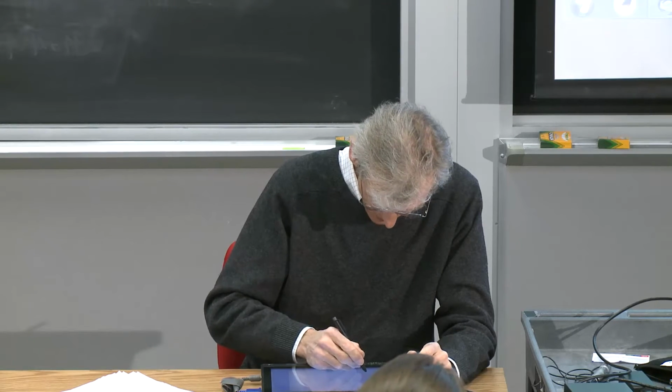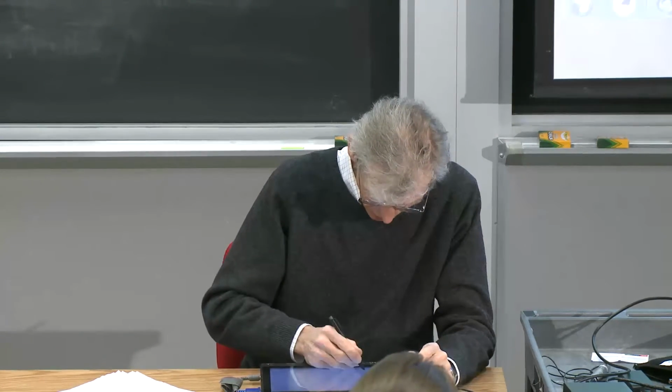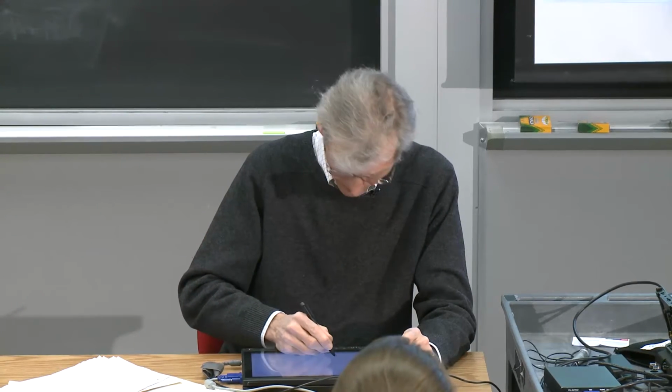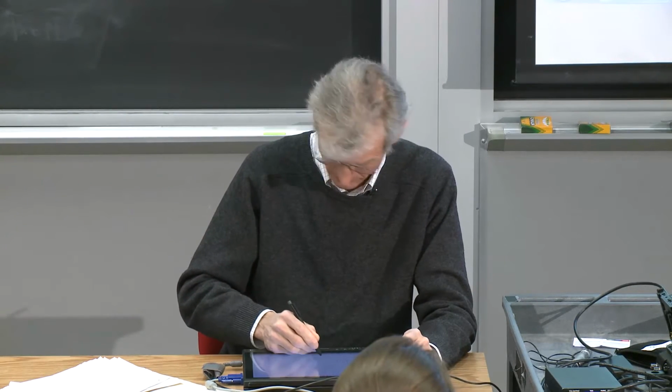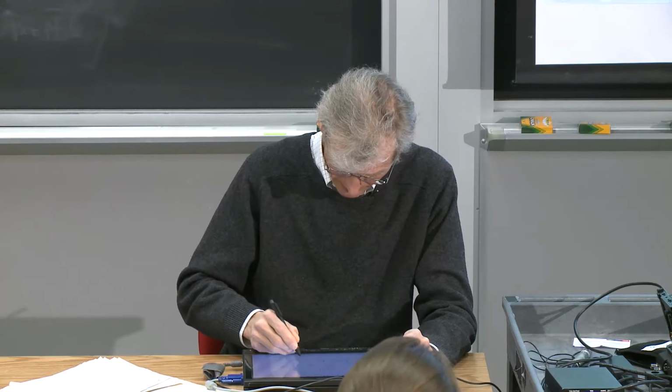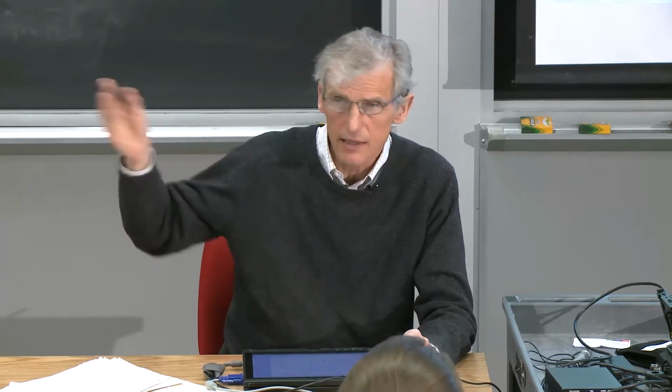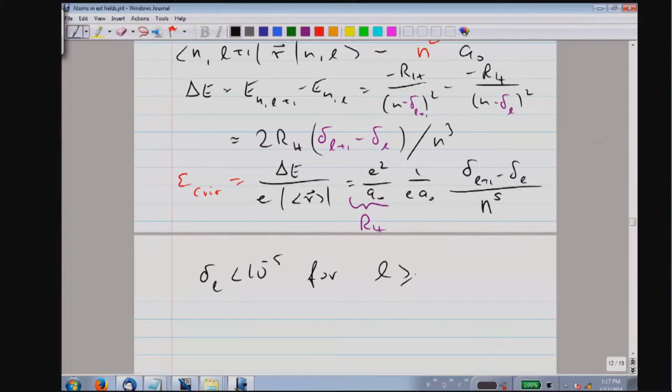If you throw in that quantum defects become very small once you go beyond S and P states, the higher states just don't penetrate into the nucleus. So if L is larger than 2, if you have more complicated atoms, you may add the angular momentum of the core here.